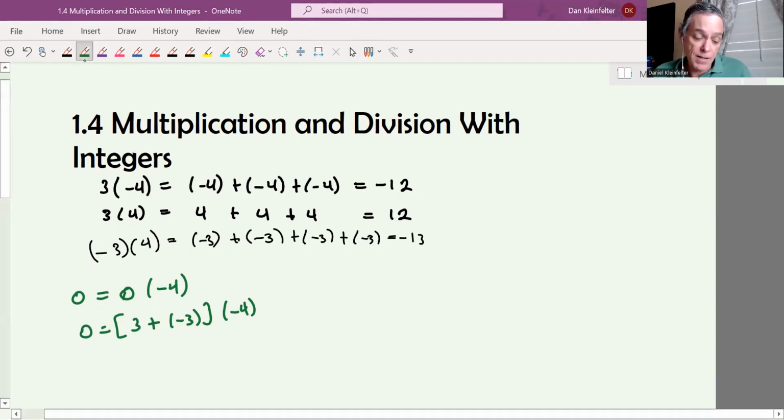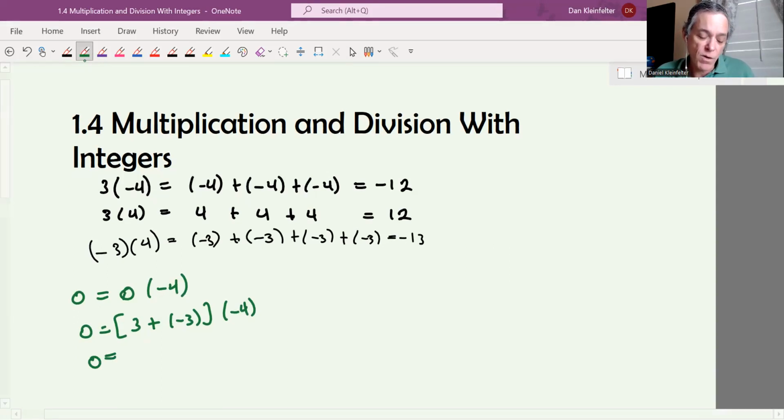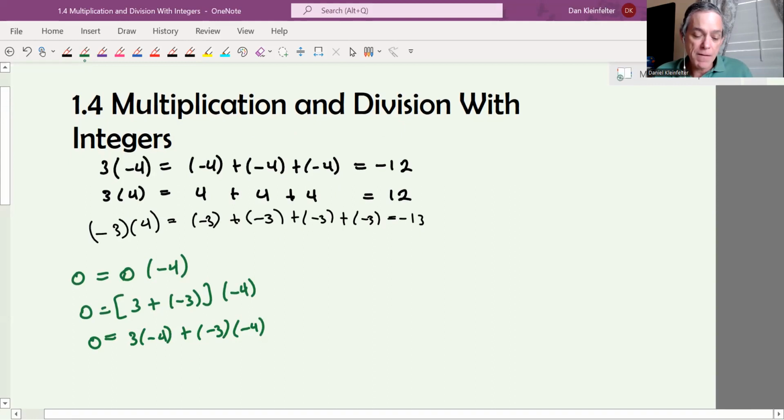Then the distributive property is true. So we're going to multiply 3 times -4, and we'll also multiply -3 times -4. So we have 0 is equal to 3 times -4 plus -3 times -4. Based on our earlier work, we know that 3 times -4 is going to be -12.